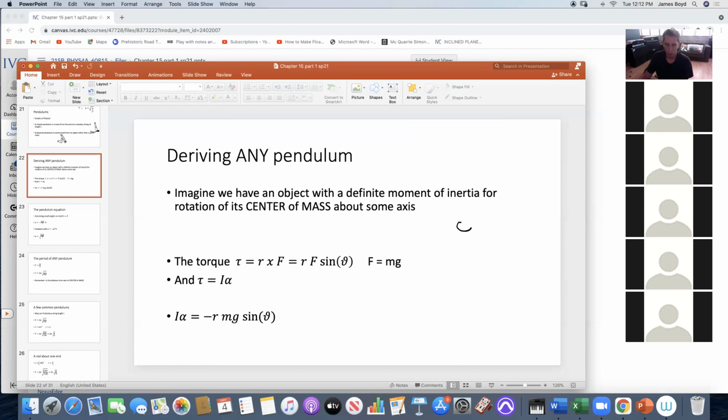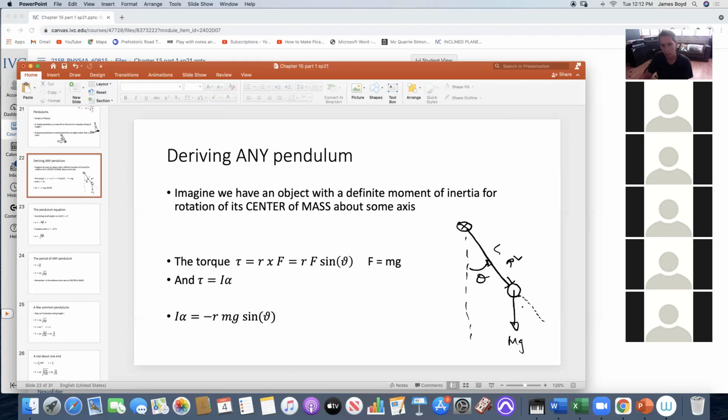So for any pendulum, let's start by doing the torque diagram. If we have just a point mass at some angle, at the center of that point mass there's a force of gravity, or a weight, down, mg. This happens to be L, but it's also our r vector for the force, right?